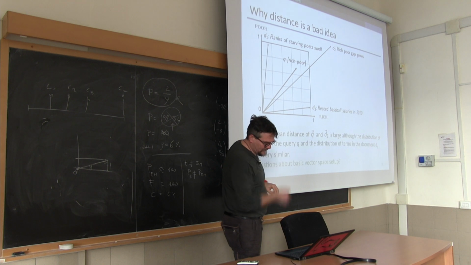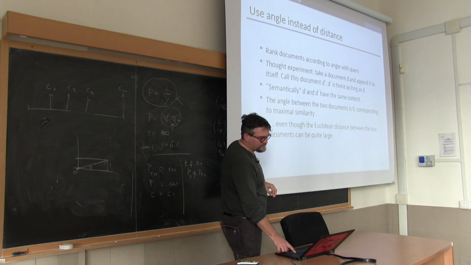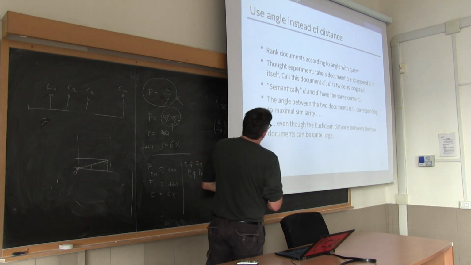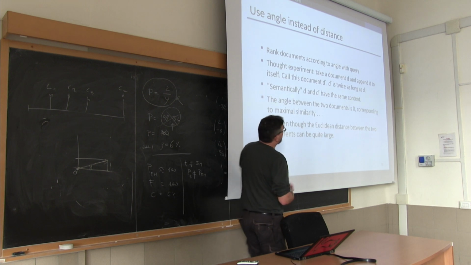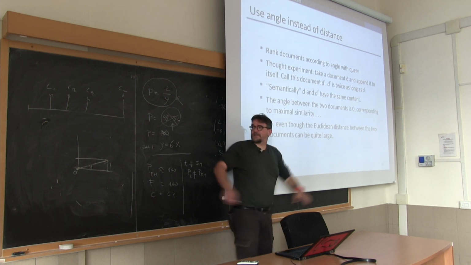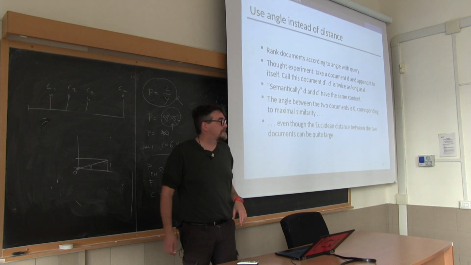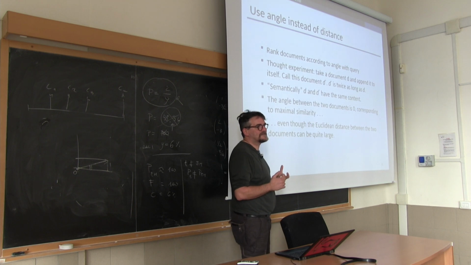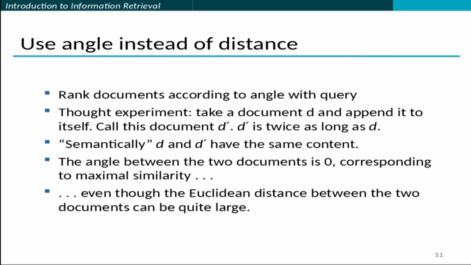So the idea is that we want to rank the documents according to this angle, because we have in mind the observation from the picture we saw before. If you take a document and append it to itself, are you adding something in terms of content? You take any document and append itself, you are not adding anything, exactly the same terms.